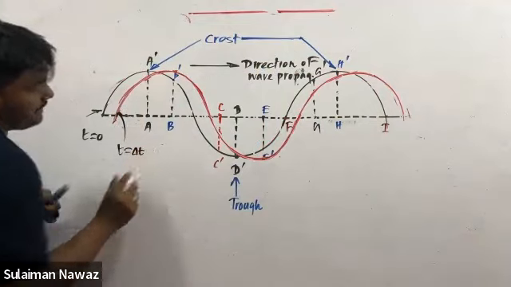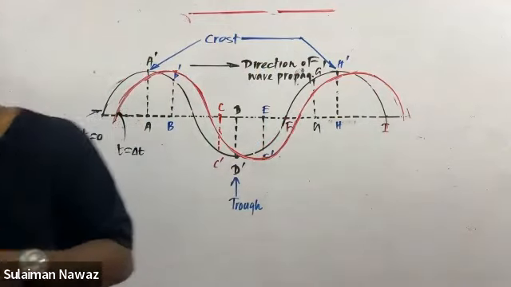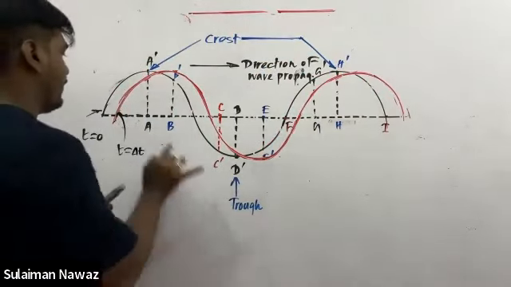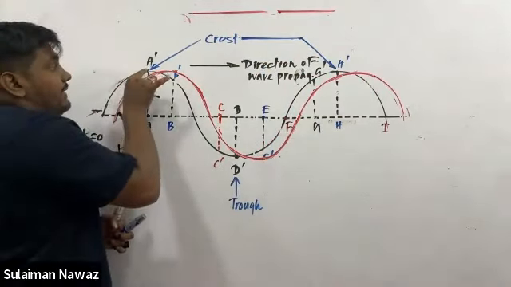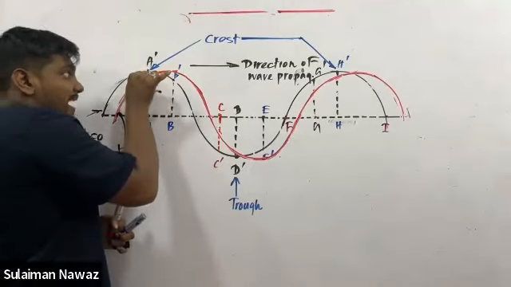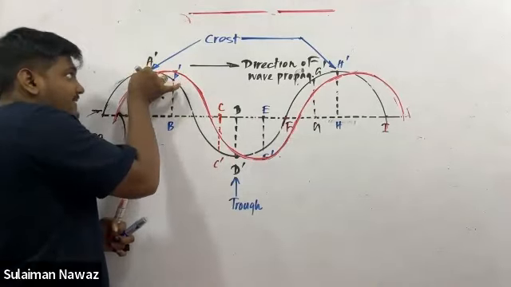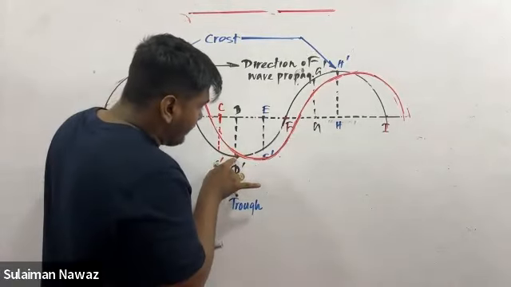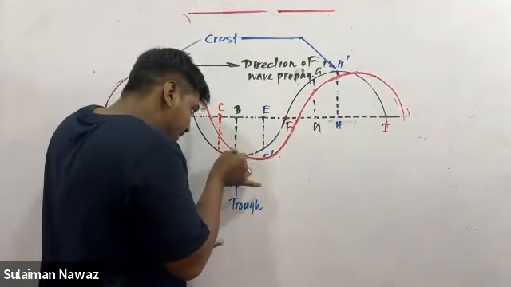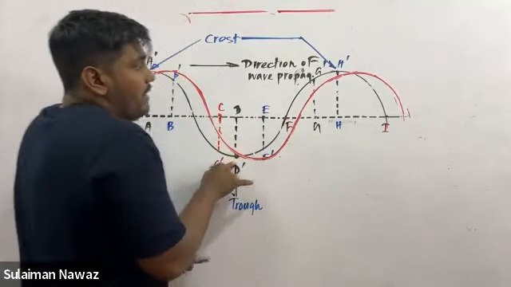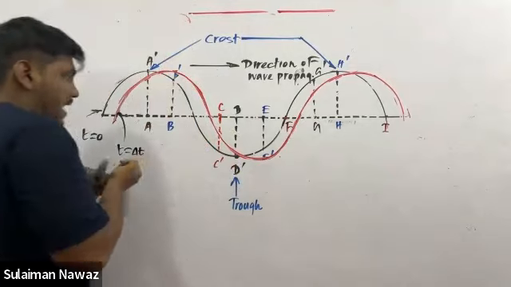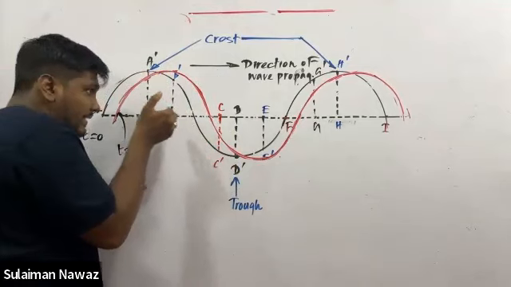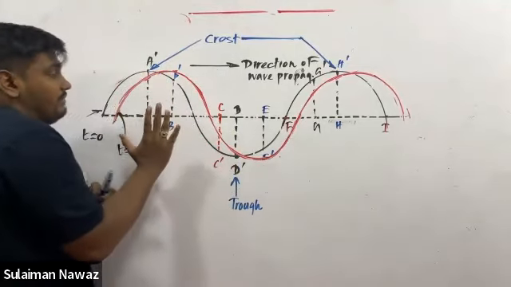Now, when t equals 0, capital A medium particle was at the maximum displacement, that means at the crest. When t equals 0, capital D medium particle was at the maximum negative displacement, that means the trough. I told you that these medium particles don't move with the wave propagation.